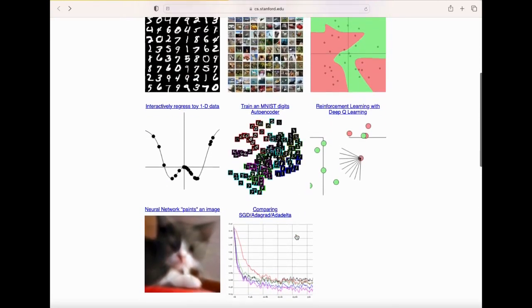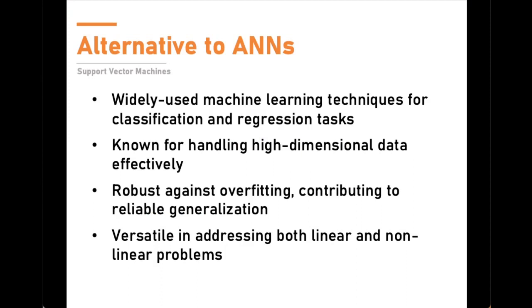Let's move on to support vector machines, SVMs. SVMs are one of the popular machine learning techniques for classification and regression tasks. SVMs have gained popularity for many reasons.